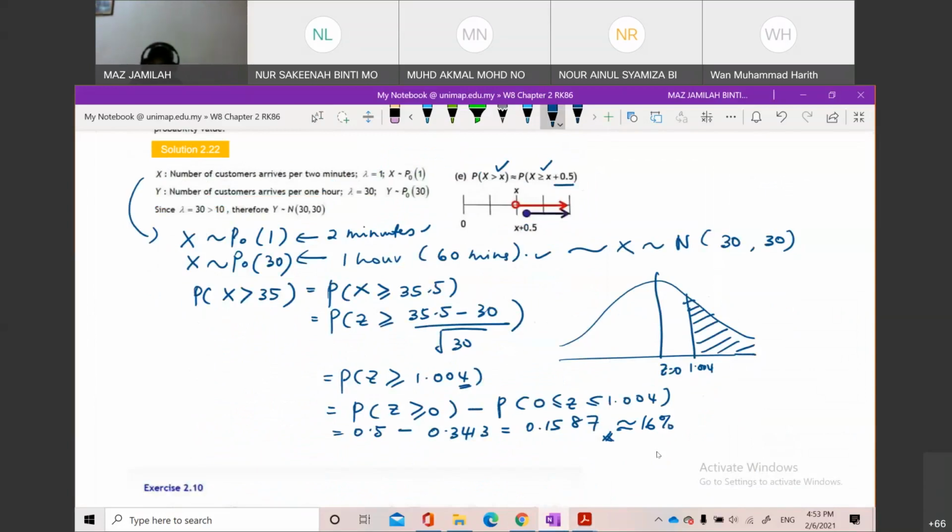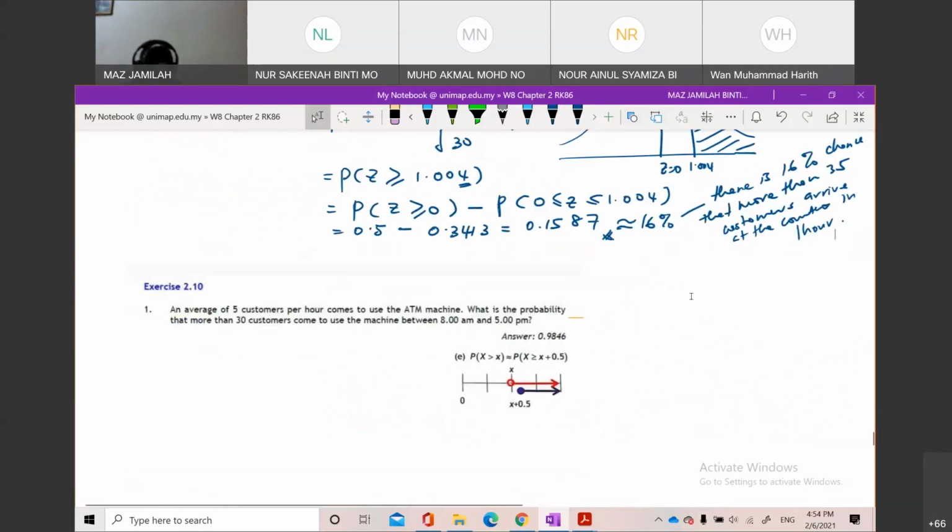So you can say there is a 16% chance that more than 35 customers arrive at the counter in 1 hour. Okay, so that's how we interpret it.